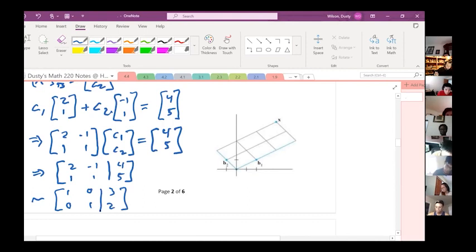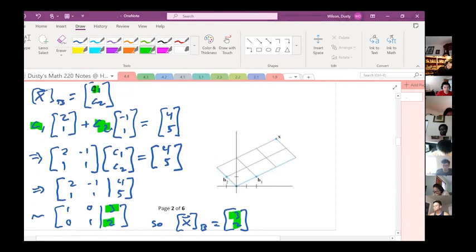What this is telling us is that the B coordinates of x are 3, 2. And those B coordinates are the same thing as the C1 and the C2 that were here.